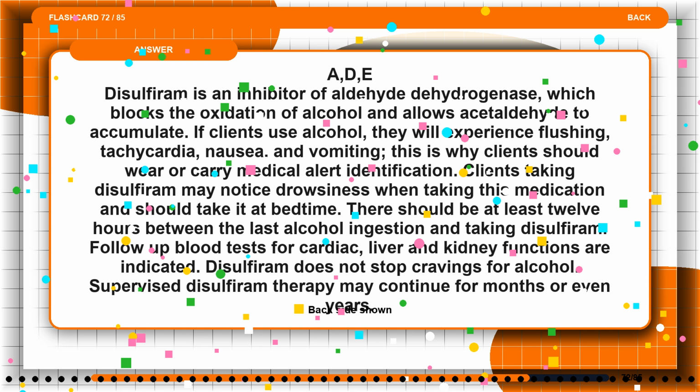Clients taking disulfiram may notice drowsiness when taking this medication and should take it at bedtime. There should be at least 12 hours between the last alcohol ingestion and taking disulfiram. Follow-up blood tests for cardiac, liver, and kidney functions are indicated. Disulfiram does not stop cravings for alcohol. Supervised disulfiram therapy may continue for months or even years.